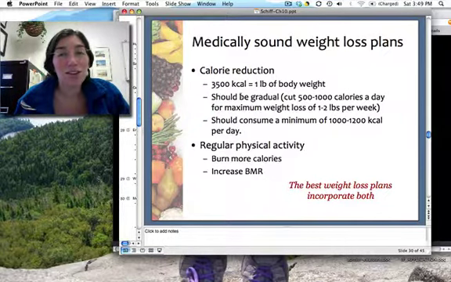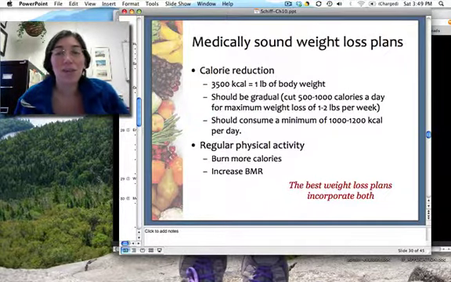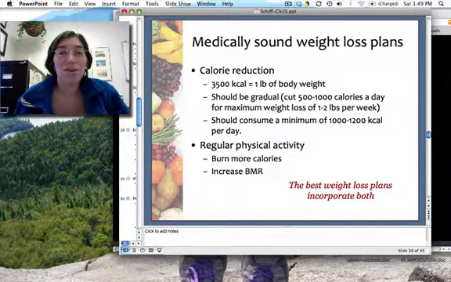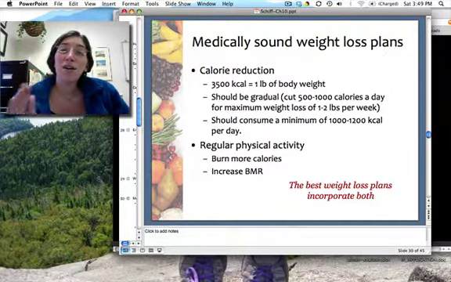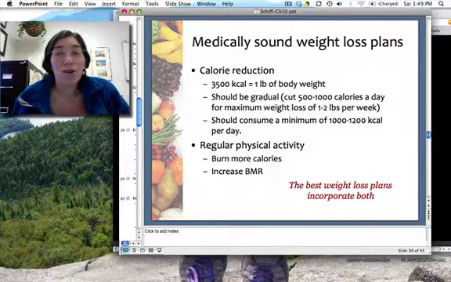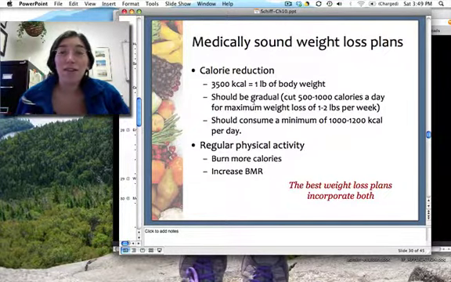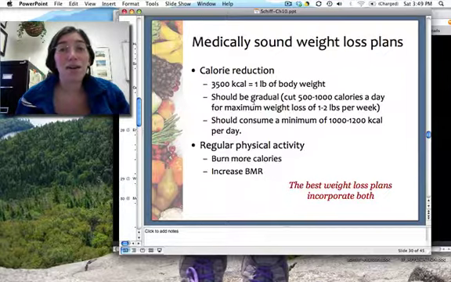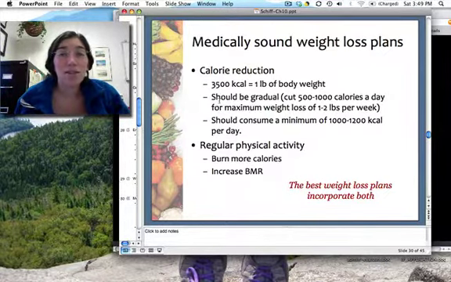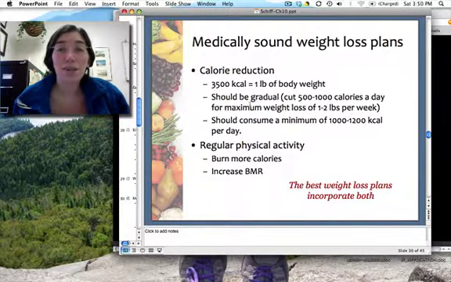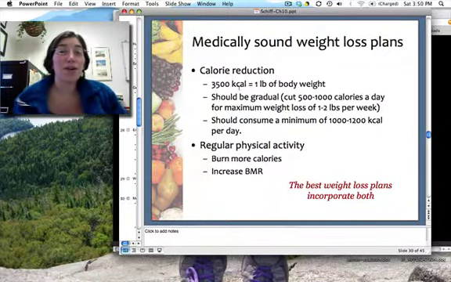Hopefully you're not eating 3,500 calories a day as is, but you don't want to starve yourself. Again, you really don't want your diet to go below 1,000 or 1,200 calories a day, because then you're not getting enough for your basic metabolic rate, and that can cause health issues. It can slow down your metabolism and slow down your weight loss.